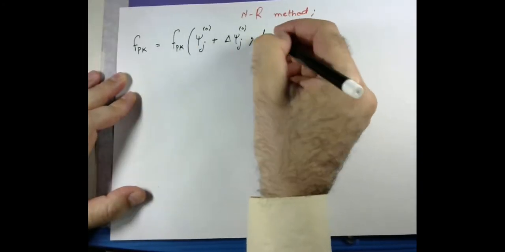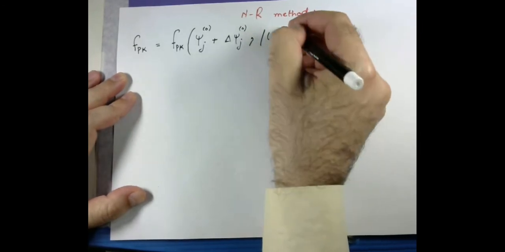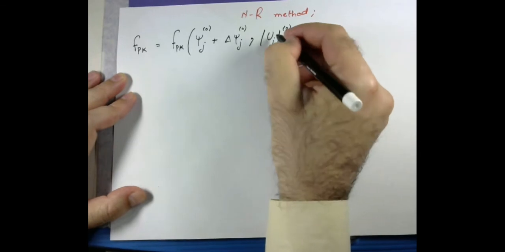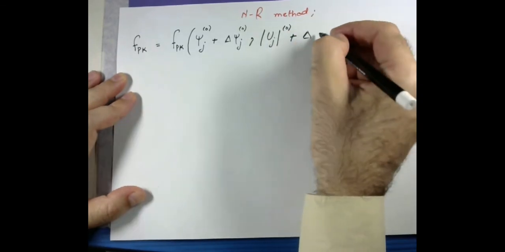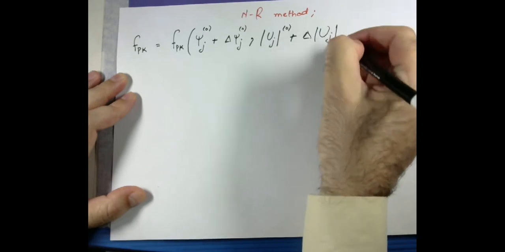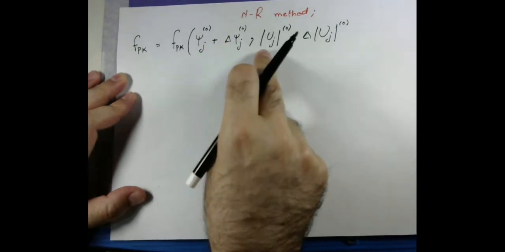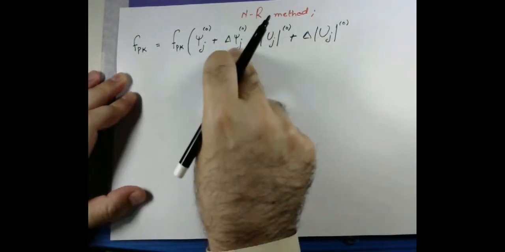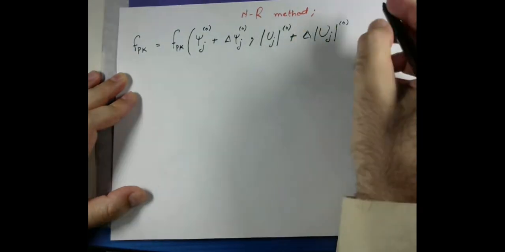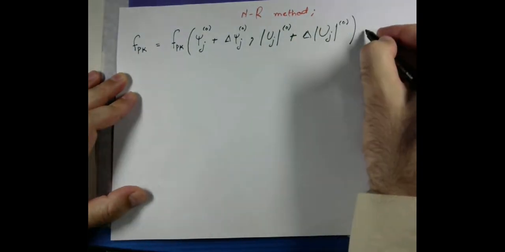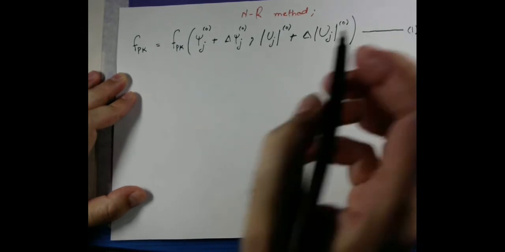The second guess is the voltage magnitude, that is the first guess, plus the error in this guess. So that will be equal to Uj0. This is the estimate of the angle and voltage, and these are the error in the angle in the first estimate, and the error in the voltage. Let's call this equation number 1.